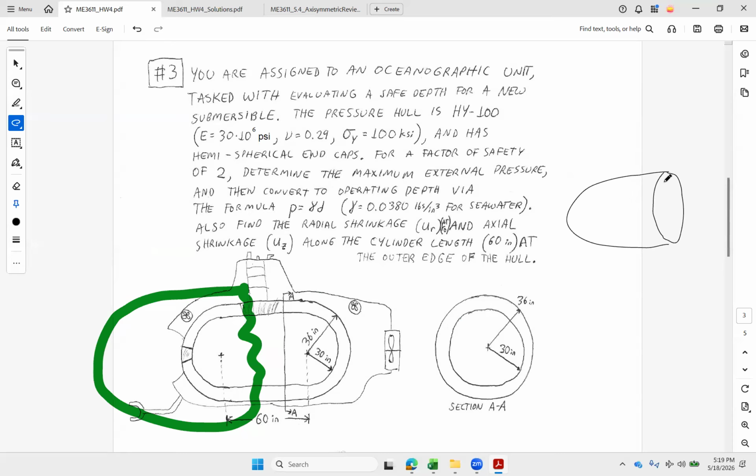So the area that is going to be carrying the sigma ZZ is going to be right here. So sigma ZZ will be the same value all the way around right here, right? And I can see that's going to be a difference of pi b squared and pi a squared, just the area of the metal that we cut through here.